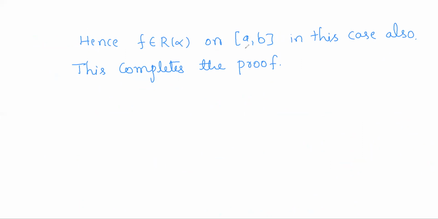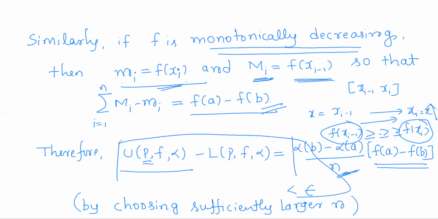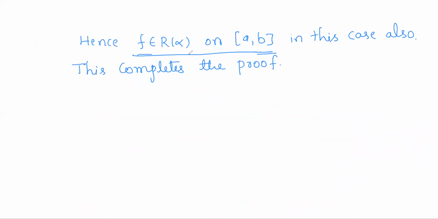So in any case, F is either monotonically increasing or monotonically decreasing. In general, if F is a monotonic function, then F will be Riemann-Stieltjes integrable on the closed interval a comma b by the Riemann criterion. This is the Riemann criterion for any function to be Riemann-Stieltjes integrable, and as a monotonic function satisfies this condition, F will be Riemann-Stieltjes integrable on the closed interval a comma b, and this completes the proof.